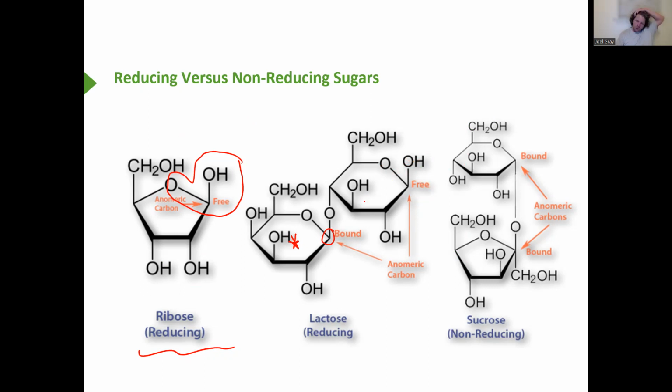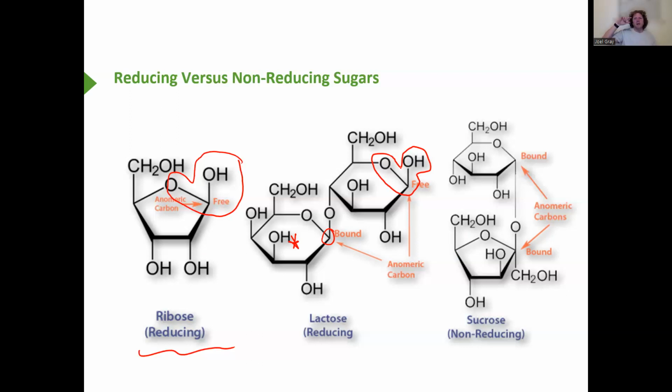Whenever I think of a glycosidic linkage and identifying a reducing end of a sugar, what I look for is oxygen, carbon, OH group. That could be in a straight line, or it could be in this kind of V structure right here. It depends on if the sugar is an alpha or beta configuration.